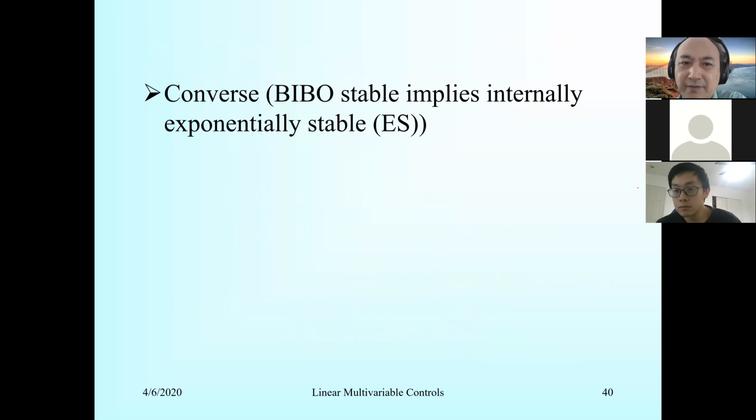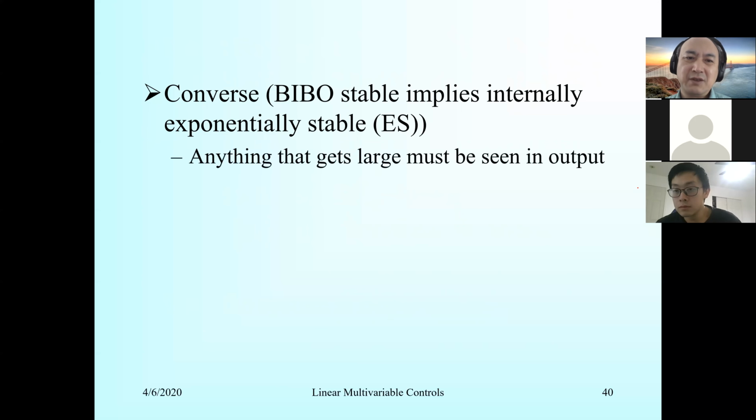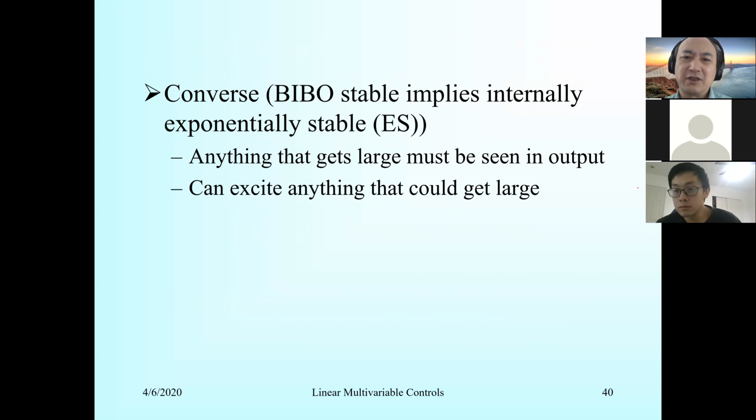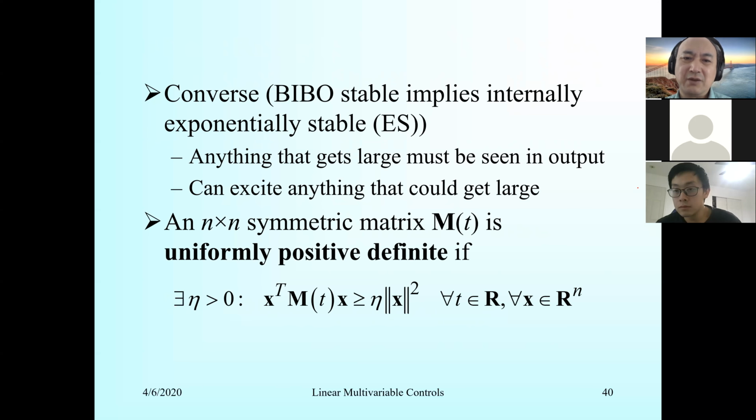Okay. So then we need to say, if it is bounded, BIBO stability implies internally exponentially stable. So anything that gets large must be seen in the output. So the input can excite anything that could get large. So how can we say that? Okay.